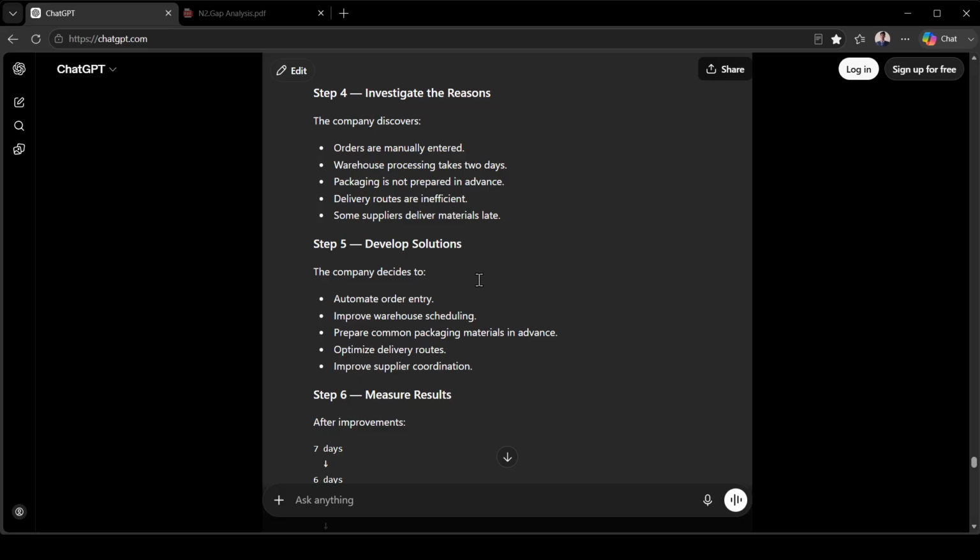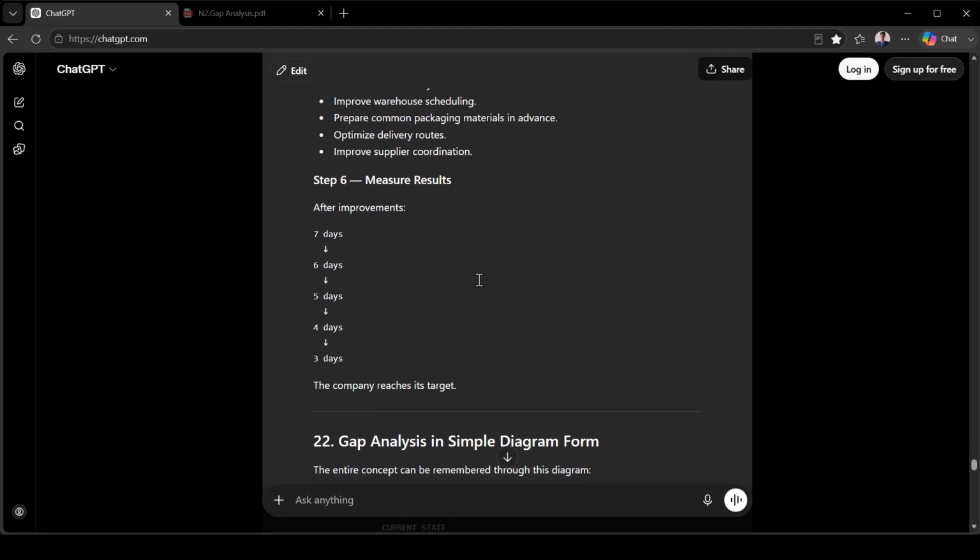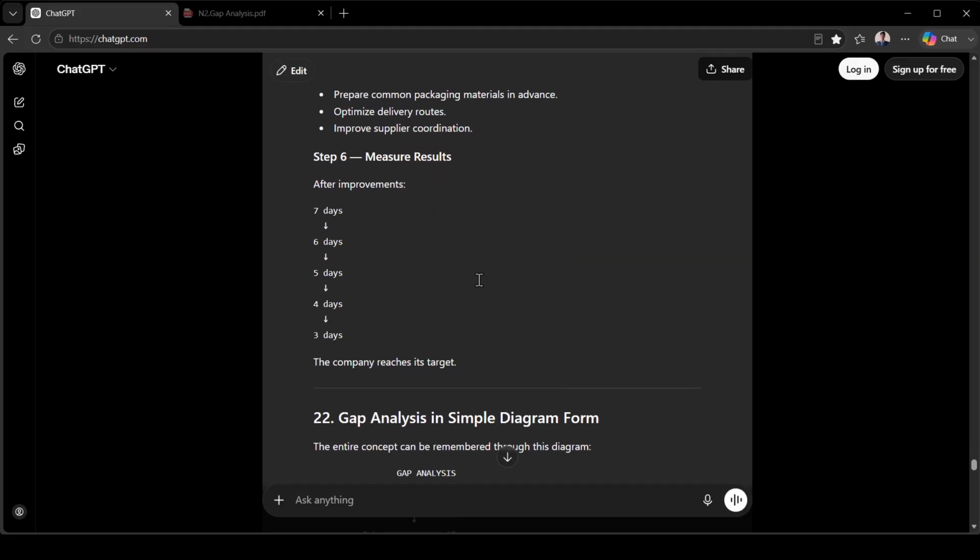The company decided to automate order entry, improve warehouse scheduling, prepare common packaging material in advance, optimize delivery routes, and improve supplier coordination. The results after improvement: 7 days to 6 days, 6 days to 5 days, 5 days to 4 days, and after that the company reaches its target.